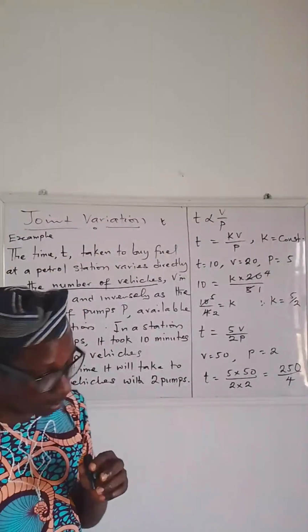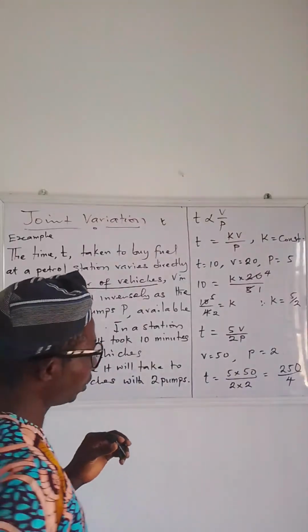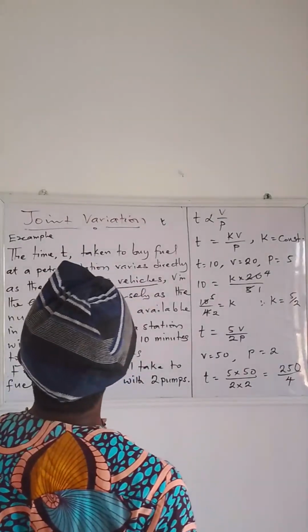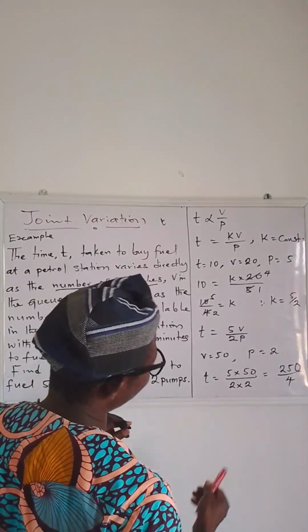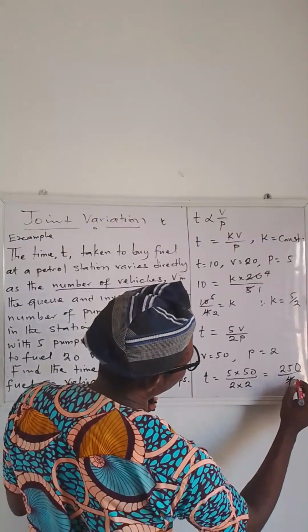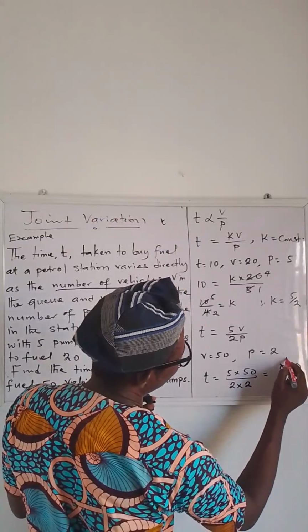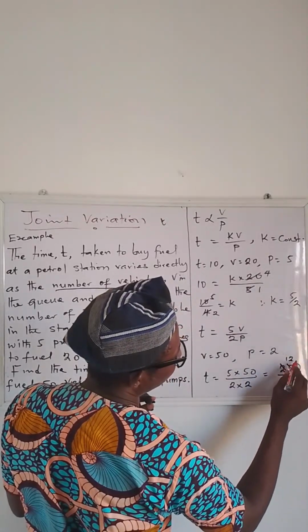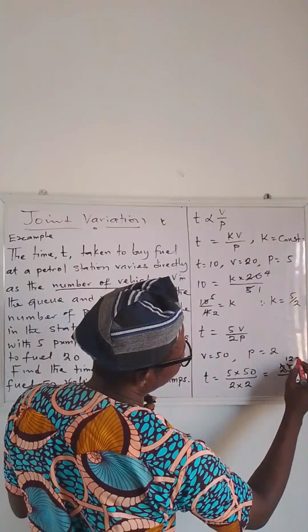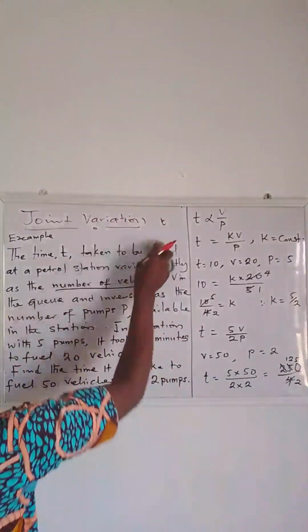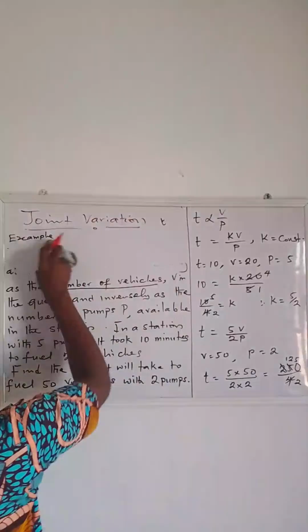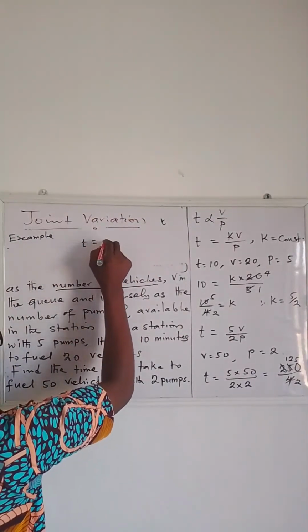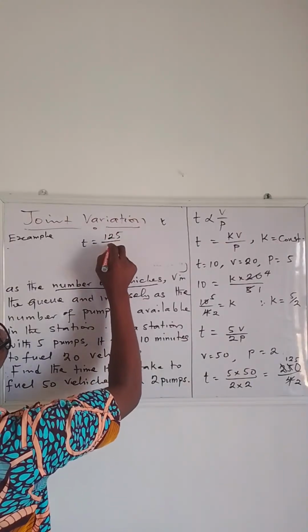Let's reduce: 2 goes into 250, 125 times, and 2 goes into 4, 2 times. So T equals 125 over 2.